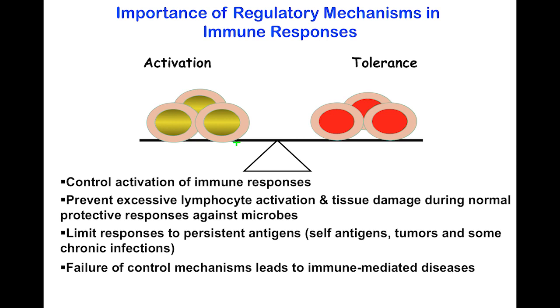Tumors are constantly there, and some chronic infections, such as HIV, present a chronic antigenic stimulus. So there's a balance that occurs here, and we'll talk about what changes in the immune system when a chronic stimulus is encountered. And failure of these control mechanisms can lead to immune-mediated diseases.